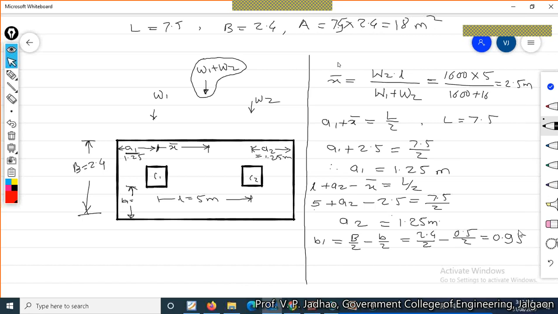So we have got this value of b1, which is 0.95. Again here, this will again be 0.95 because the columns are linearly positioned. Therefore this is again 0.95.